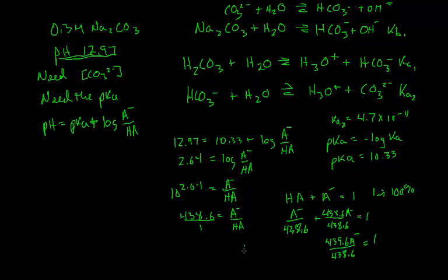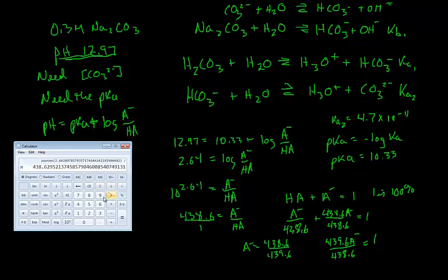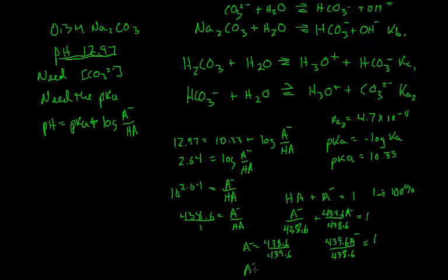So A minus equals 438.6 divided by 439.6, which is 0.9978. So basically 99.78% is going to be in this carbonate form.